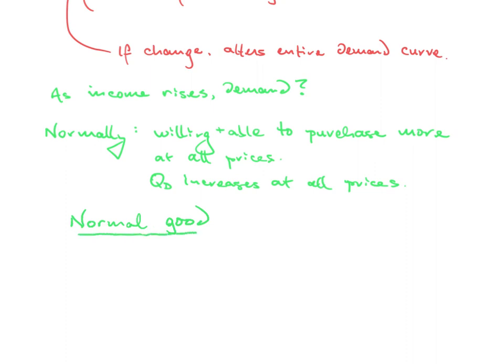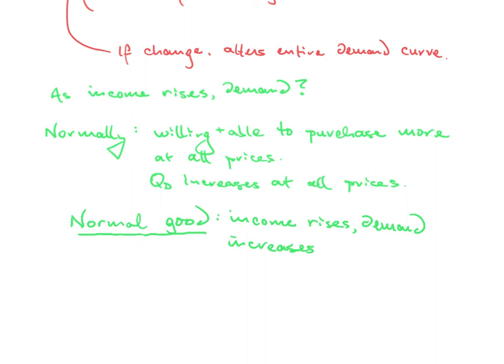A normal good is one where, as income rises, demand increases. Be aware when I say demand increases, that means the quantity demanded increases at each price. People are willing and able to purchase more at all prices.